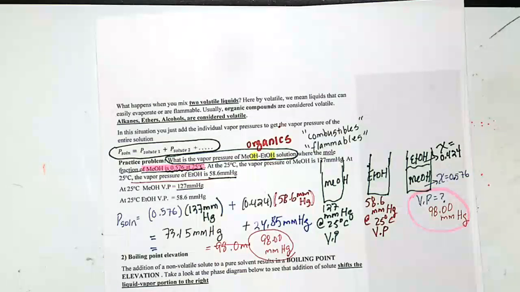So let me tell you what we will do on Tuesday. Tuesday we'll just continue doing more of these practice problems. I will probably do 10, 11, 12, 13, 15.